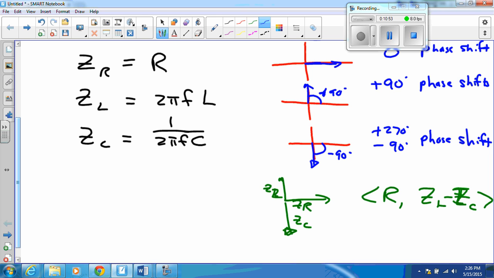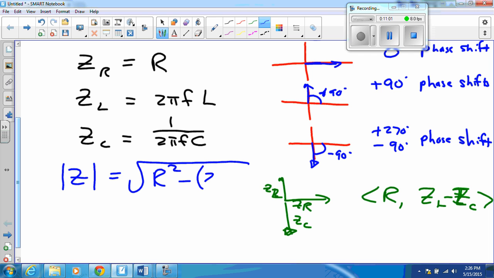Okay, so now when I compute the magnitude of it, the magnitude of z is going to be the magnitude of that vector as computed by Pythagorean theorem, which we know and love. It's going to be the square root of the x squared, oh, not minus, plus the ZL minus ZC squared. So it's just Pythagorean theorem.